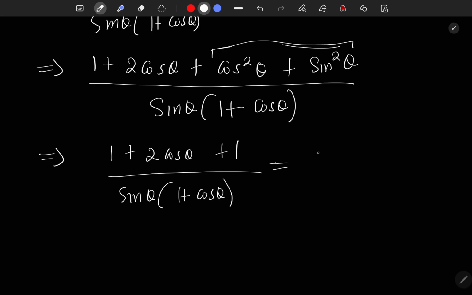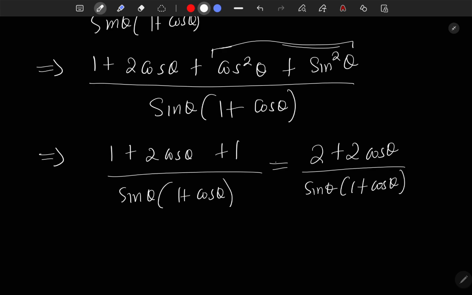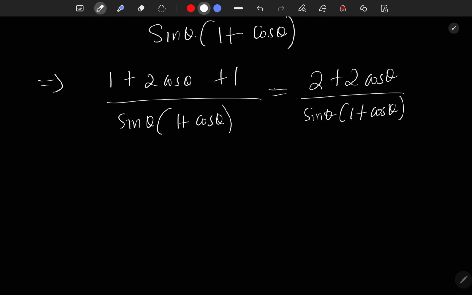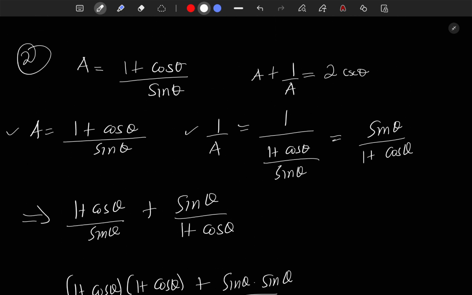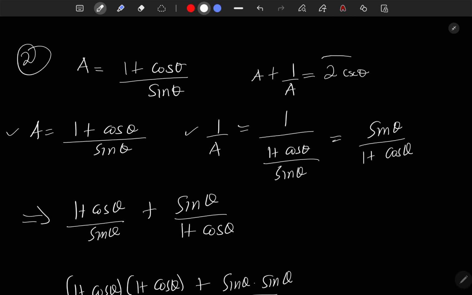We proceed, this will give us 2 plus 2 cos theta over sine theta times 1 plus cos theta. We're moving together, isn't it? All right, next now, I think where we are now, have we arrived? Or we need to show that it is equal to this part, 2 cosec theta.